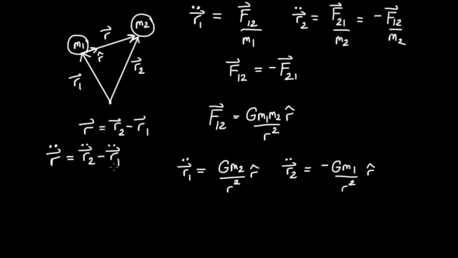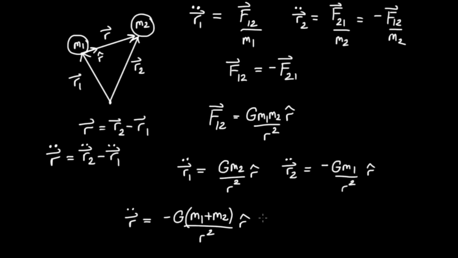And since I know what these two are, let me just subtract the two. So I'm going to have to take this thing and subtract away this. And what I'll find upon doing that subtraction and doing a little bit of factoring is that I'll get minus g times the sum m1 plus m2 over r squared times r hat.